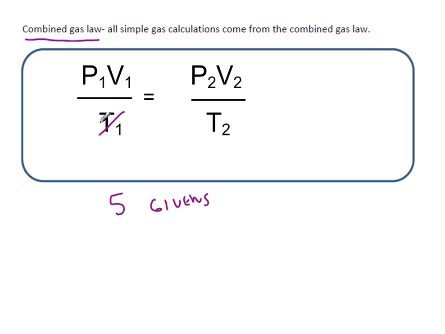If I hold temperature constant, I get Boyle's law. If I hold pressure constant, I get Charles' law. If I hold volume constant, I get Gay-Lussac's law. That's where they come from. A key thing to remember on your test is P1 V1 over T1 equals P2 V2 over T2. It's easy, and you can just plug it in.